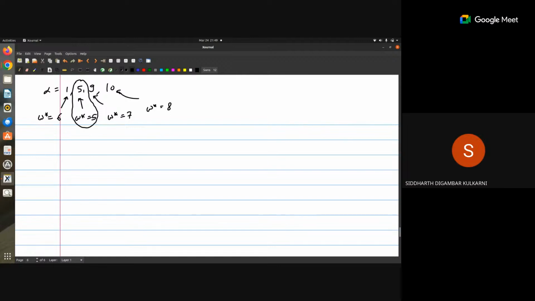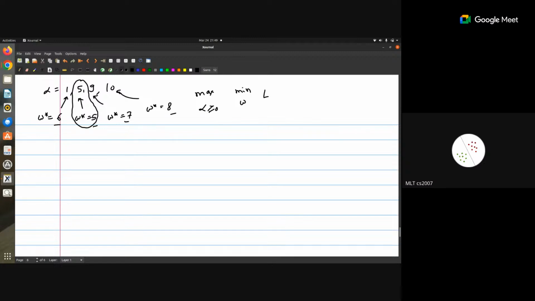So for W star equal to 5. Why is it like that? Because our problem was finding the minimum W such that the Lagrangian function holds, right? Correct. Yes, sir. And then what we are saying is that these are the values for different alphas. And what is the outside problem?